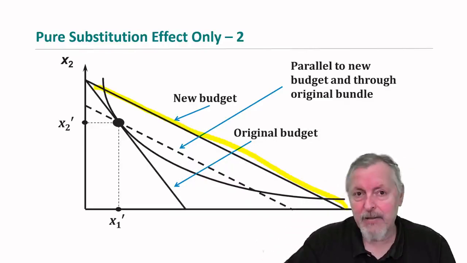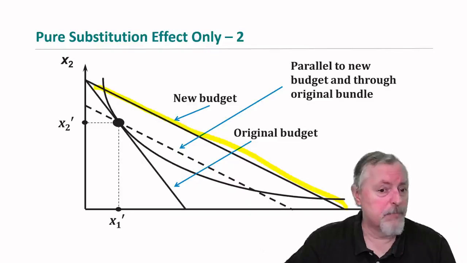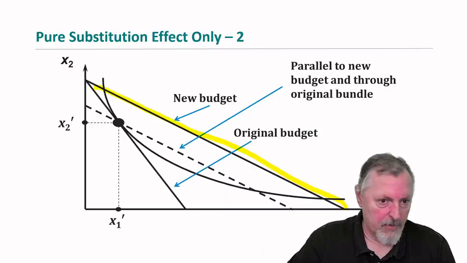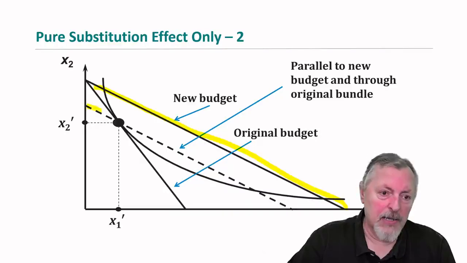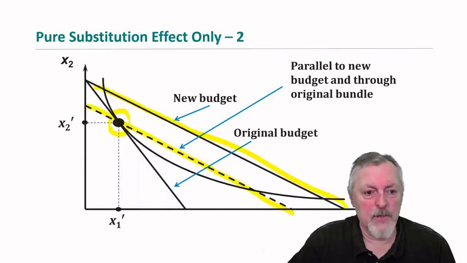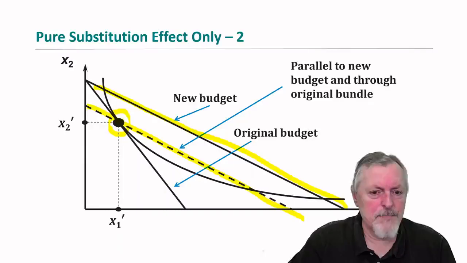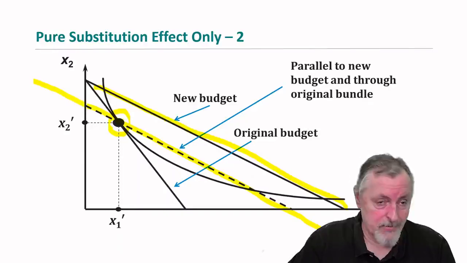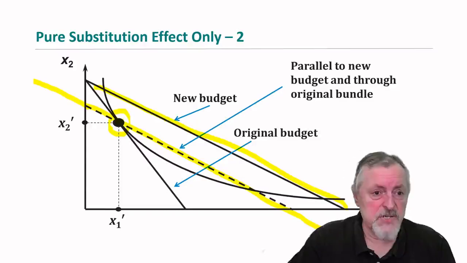You're taking back the additional purchasing power, and you keep moving it in towards the origin until, at the same new slope, the same relative prices, it intersects the old consumption bundle, so that the original consumption bundle that you could just barely afford before the price change, you can still just barely afford on this new, admittedly imaginary budget line.